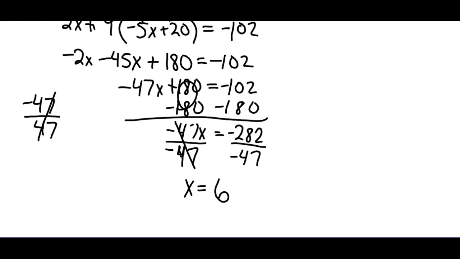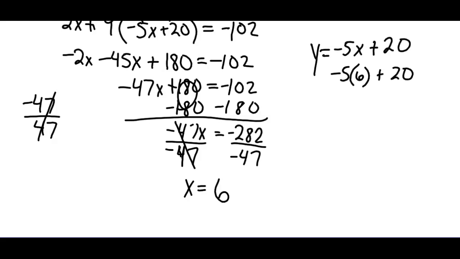So did you get a negative 6 here originally? If you divided by a positive 47, then this would have been a negative 6. Then if you plug that into your y, that's not going to work to get negative 10. Sign matters here.